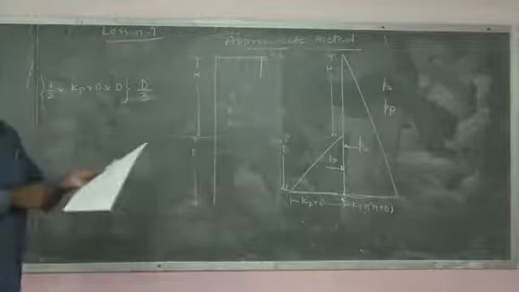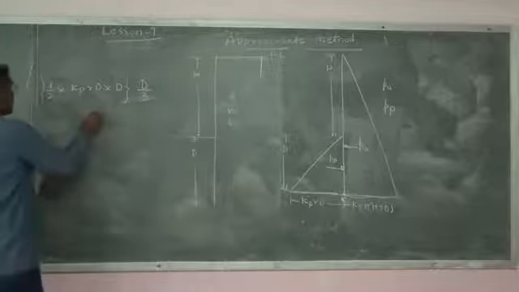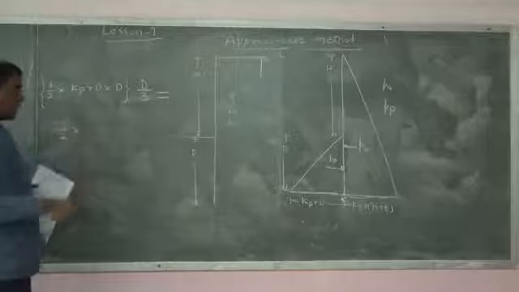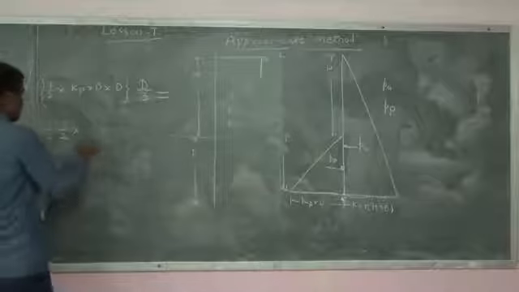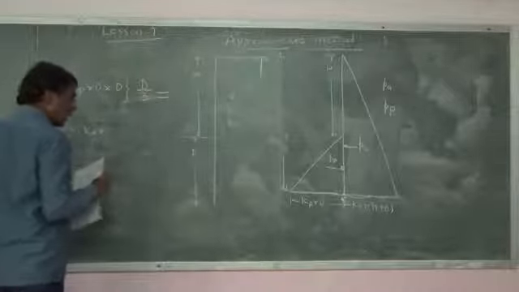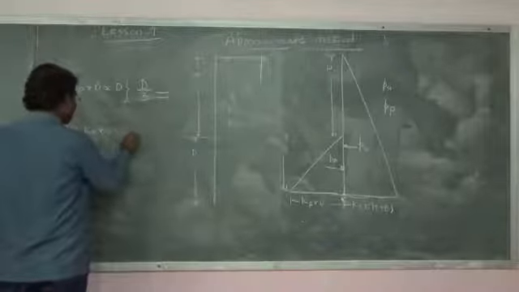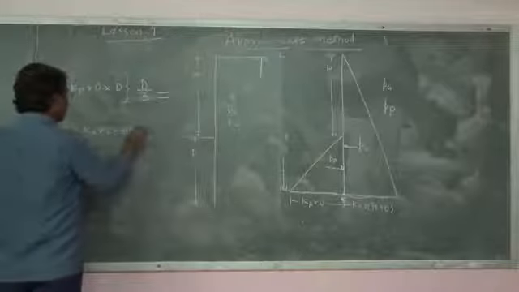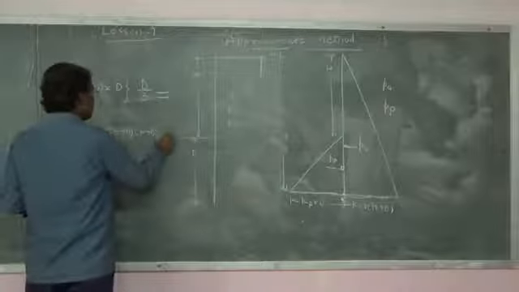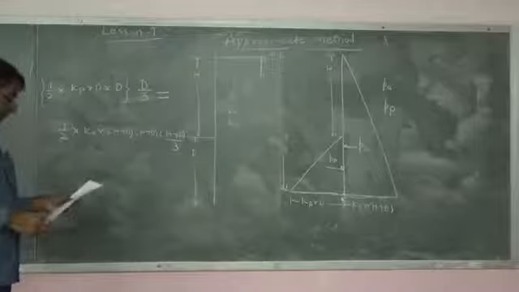This is for the passive pressure triangle, and then the active pressure triangle is there on the right hand side, and it is taken as half into base, here Ka gamma into h plus d, and height is again h plus d, and it acts at h plus d by 3.